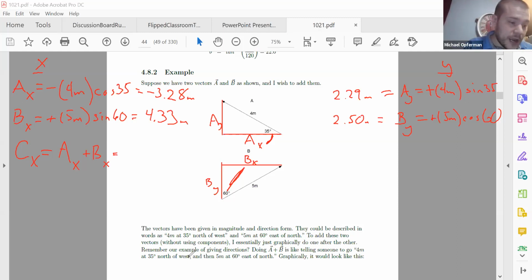So it's actually a subtraction in this case. So it's going to be 4.33 minus 3.28, which is 1.05 positive. And then over here, 2.29 plus 2.5 is 4.79.